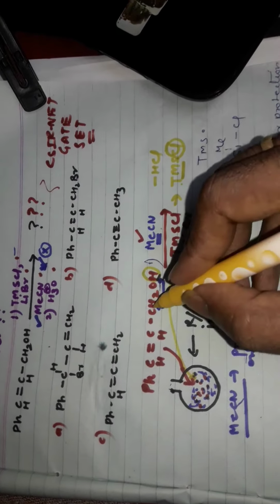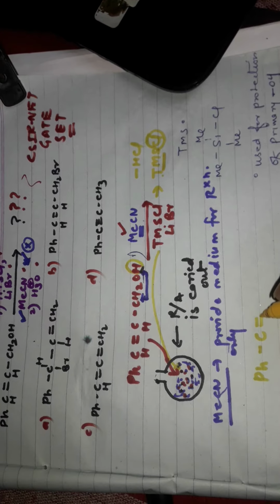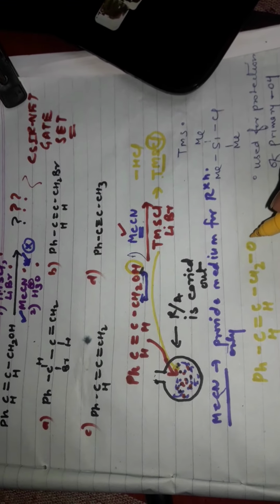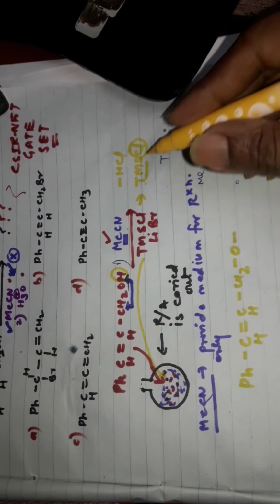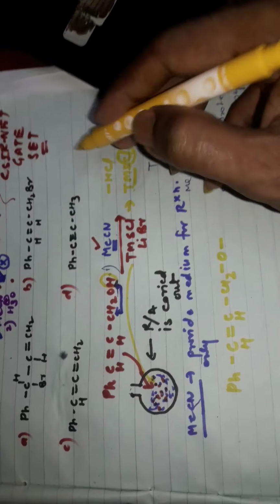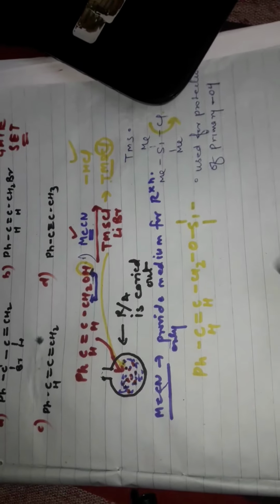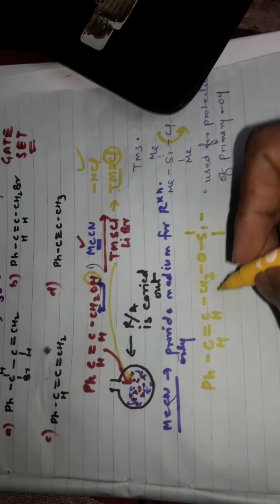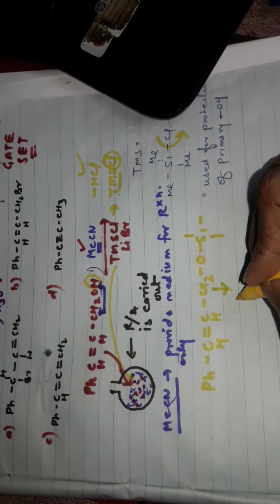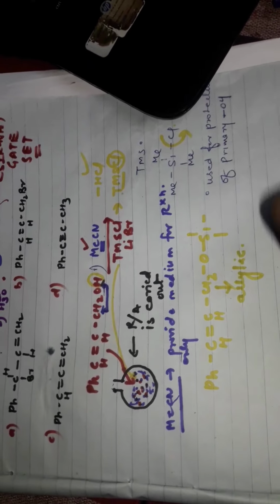TMS will be added on the CH2O, so here it will protect the O. The H has been removed as HCl, and the remaining is the silyl group, this one. Understand? The position where it is protected is the allylic position.